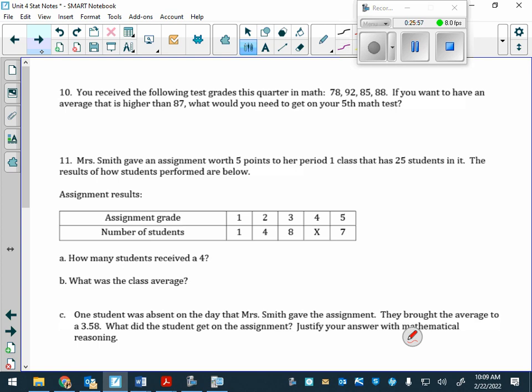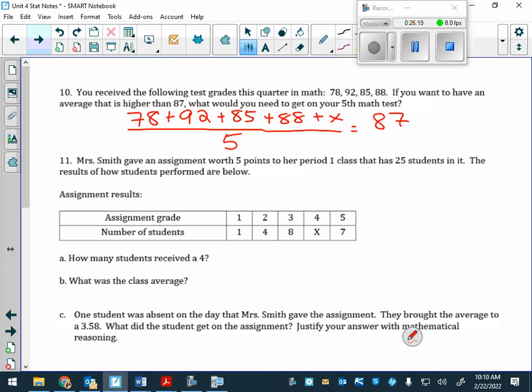Excellent. So we're talking about the average, which is adding 78 plus 92 plus 85 plus 88. We don't know what that 5th test is, so it's the unknown. And we're taking the average, which is divided by 5. But we want to have a final average of 87.